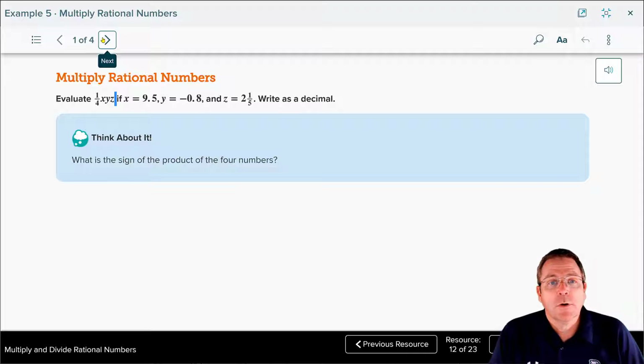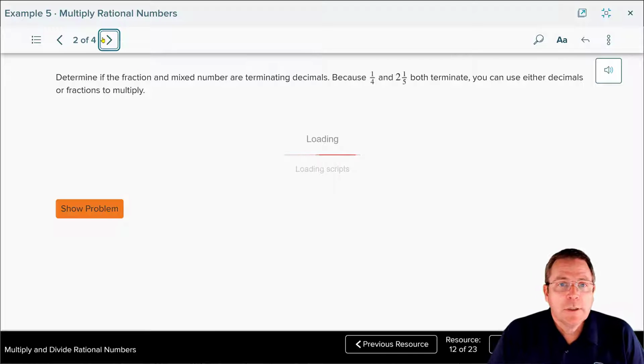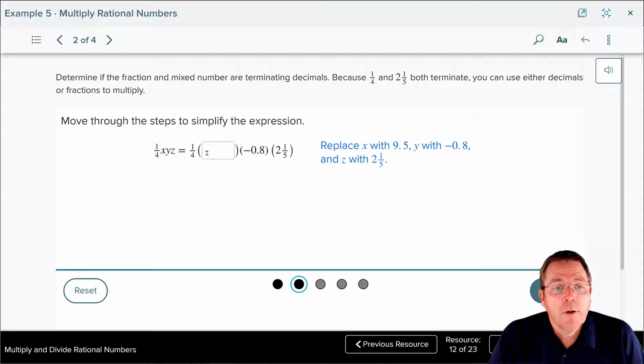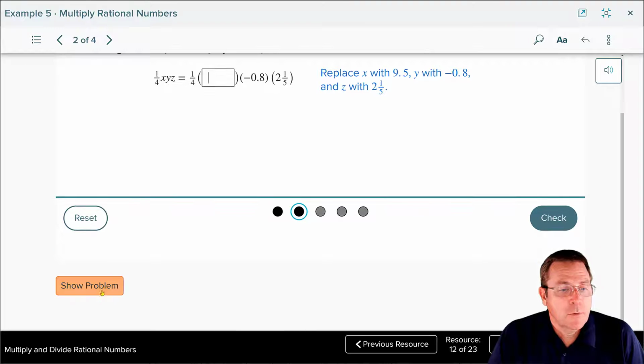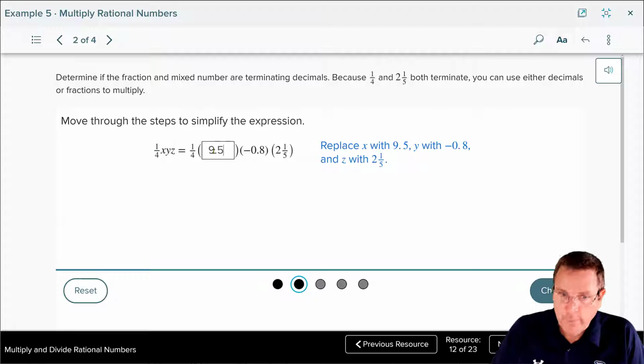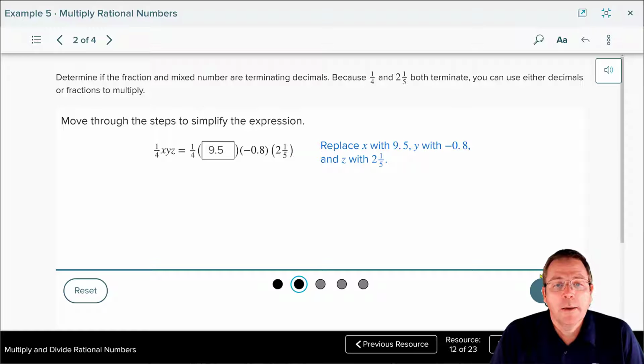So let's get started. As you can see, the textbook is saying exactly what I said about how we need to find out whether or not the fractions can be changed into terminating decimals, which they can. You can see they've got the original expression here, 1/4 times x times y times z. My x value was 9.5, so we're going to do 9.5 right here, times y times z.